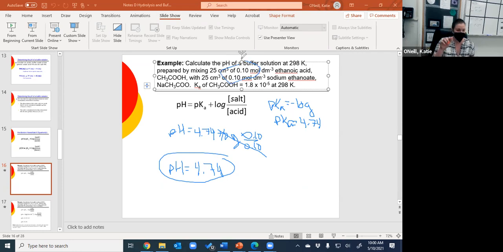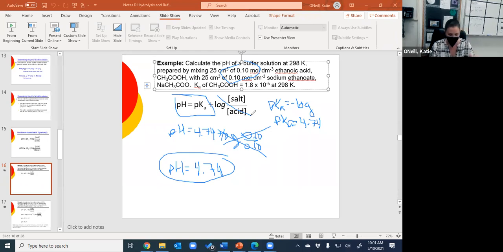If you see that the concentrations are equal, then a number divided by itself is going to be 1, and the log of 1 is 0. So when the concentrations are equal, the pH is equal to the pKa, and this whole thing zeroes out. Right? Math-wise, that makes sense?